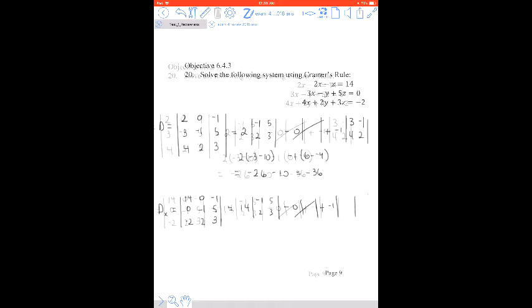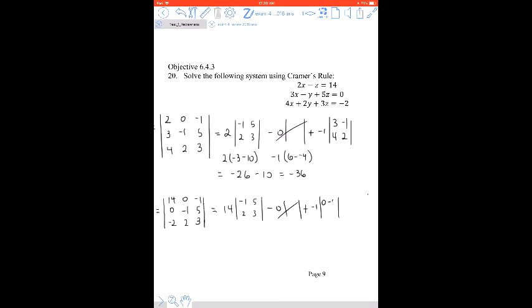So that would be 0, negative 1, negative 2, and 2. Now the determinant of this matrix there is negative 3 minus 10. And the determinant here is 0 minus negative 2. Sorry, 0 minus 2.